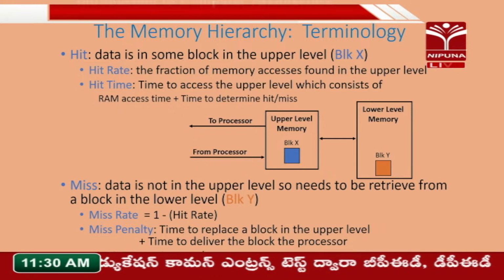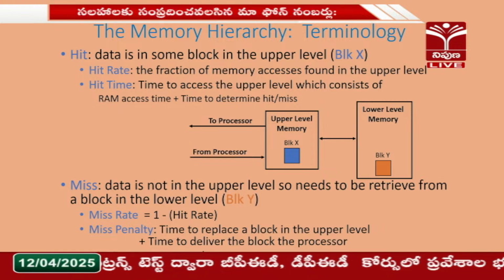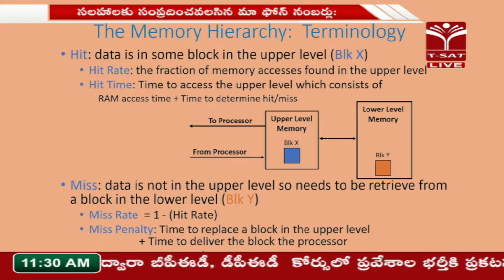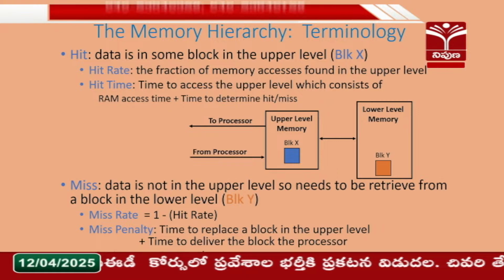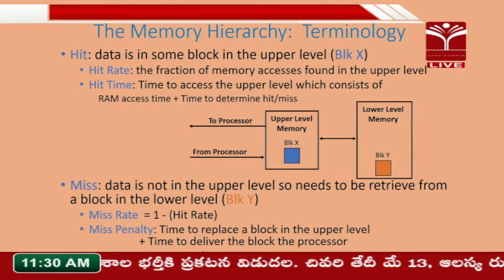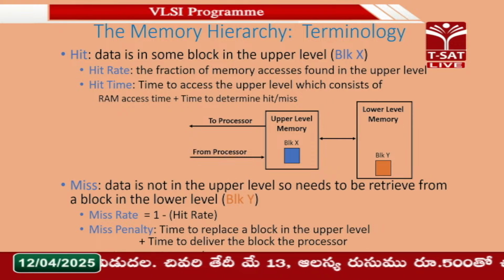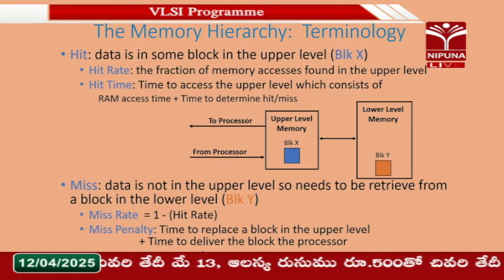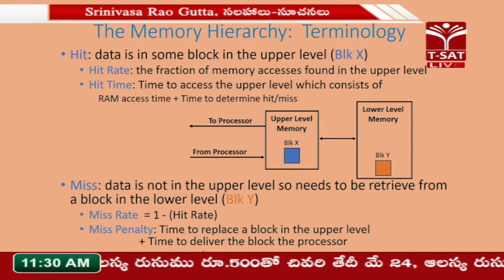So all of this will play a role in reducing the miss penalty. The miss penalty is mainly about the number of clock cycles that the CPU is waiting, right? So typically hit time is less than miss penalty, because anytime you have a hit, you are not incurring any additional CPI penalty for the CPU.